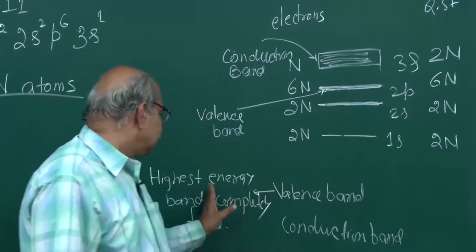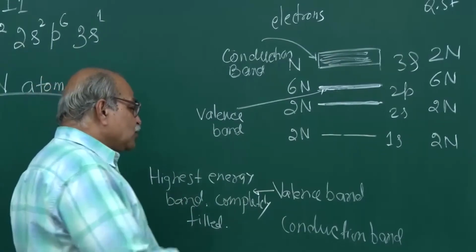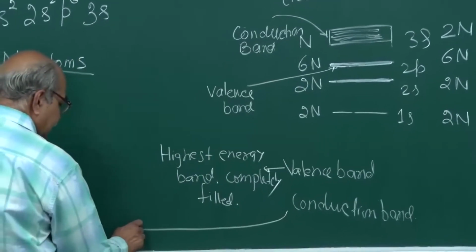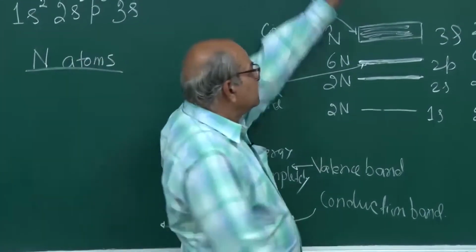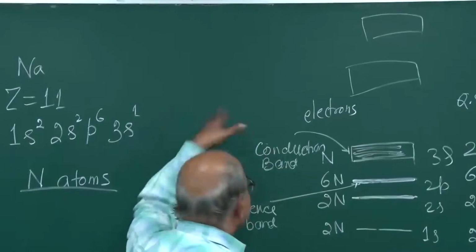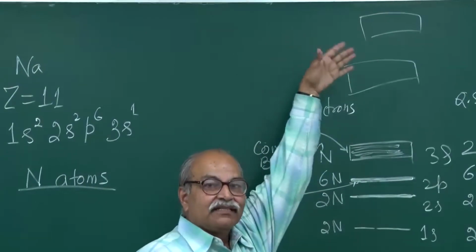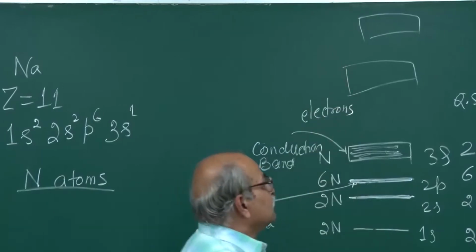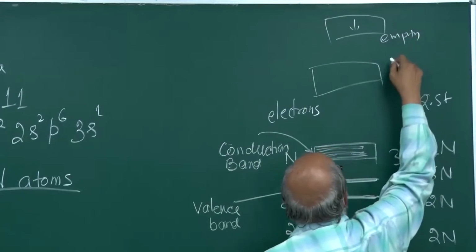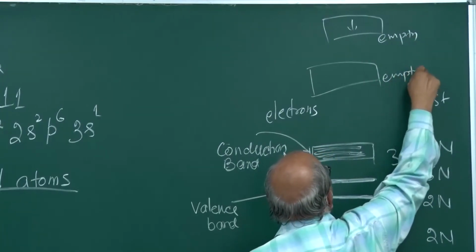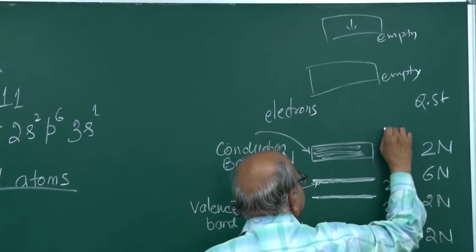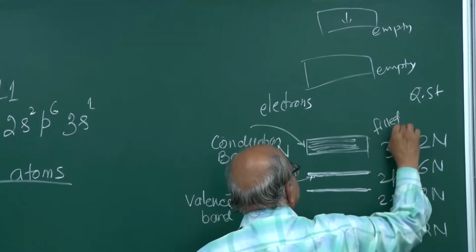So, this is how the valence band will be defined, and next to the valence band will be the conduction band. You can come from the top: you have other bands here also, you have 3s, 3p, 3d, 4s, everything is there, and they are all empty. So, if I come from top, this is completely empty, this is completely empty, and here you have some filled, not completely filled, but some filled states.